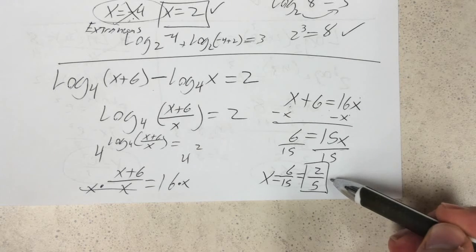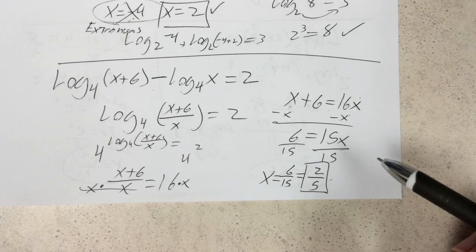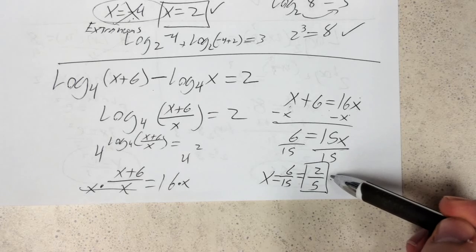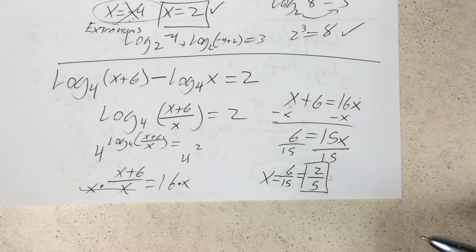And it is positive, so there's no reason to think that it would be extraneous. We want to go through and check to be sure, but no reason to think that it should be.